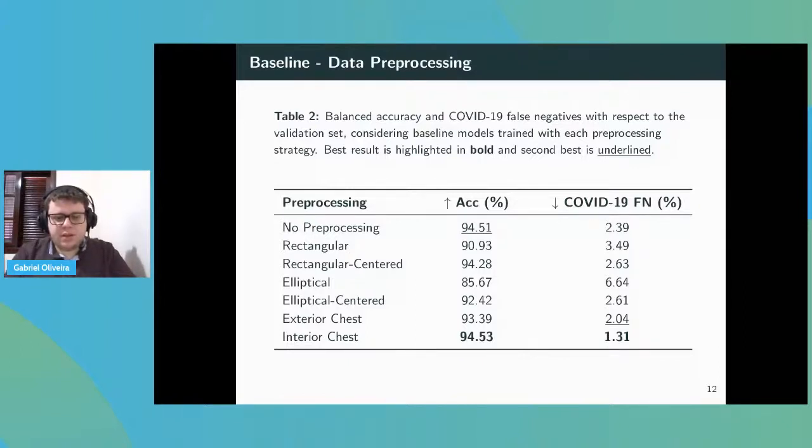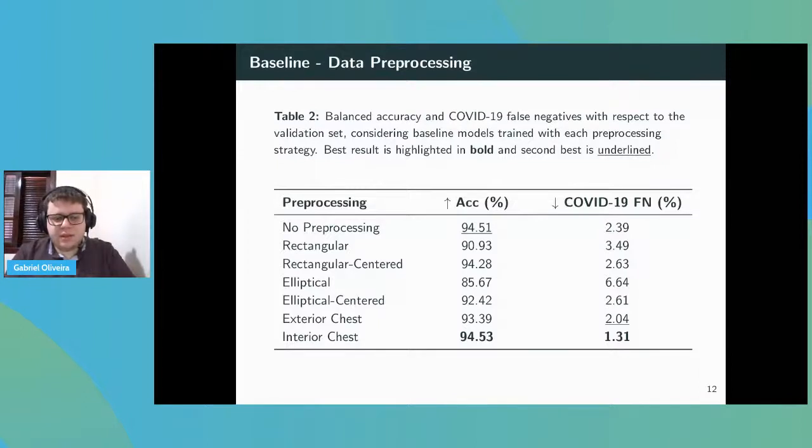Here are the results of the different preprocessing techniques. The best result was achieved by the interior chest, which achieved 94.53% of balanced accuracy and 1.31% of COVID-19 false negative rate.